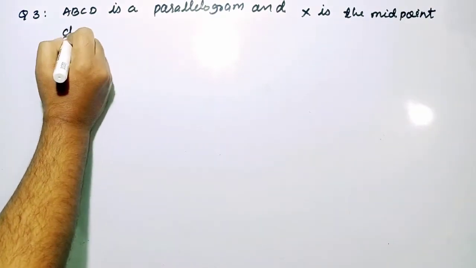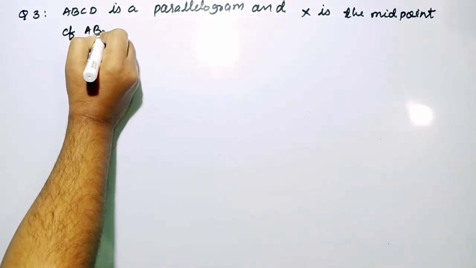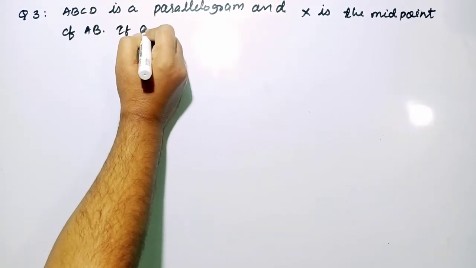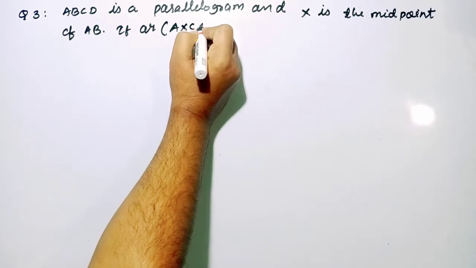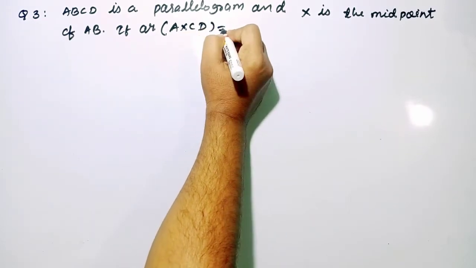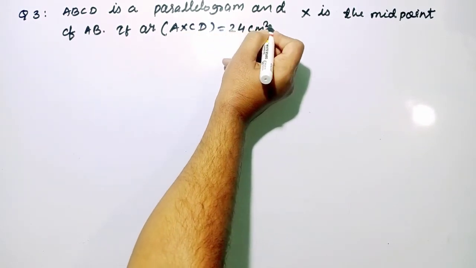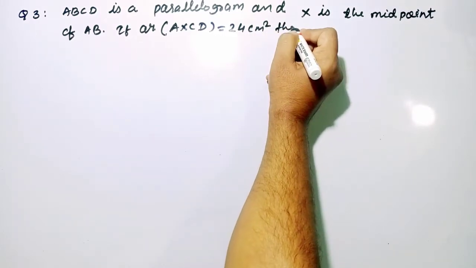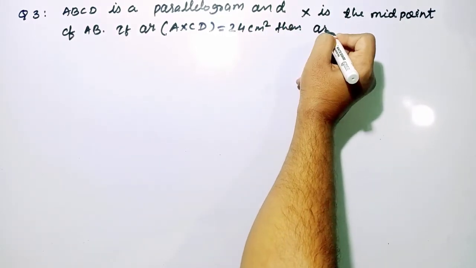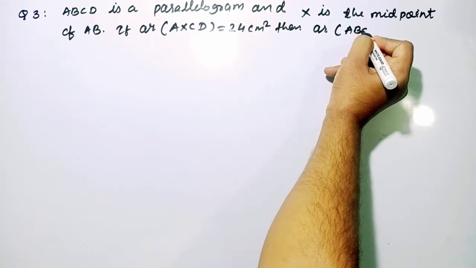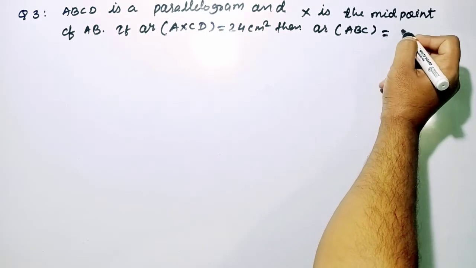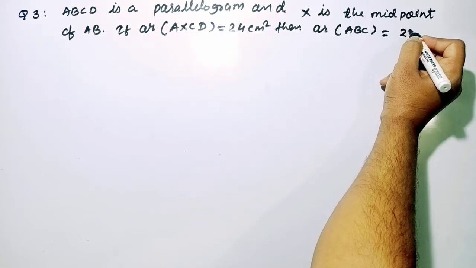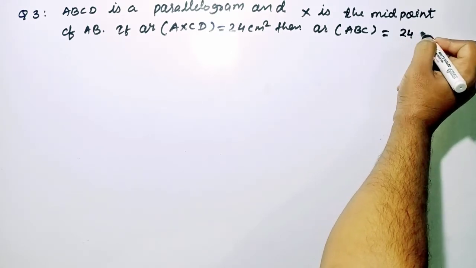If the area of quadrilateral AXCD is 24 centimeter square, then the area of ABC is equal to 24 centimeter square.